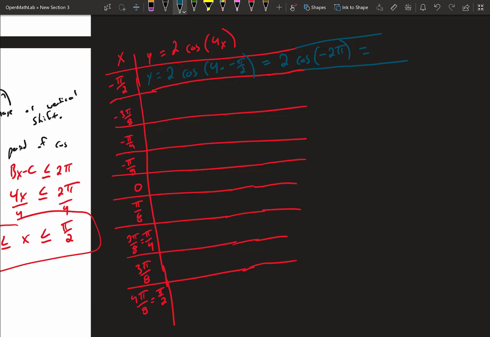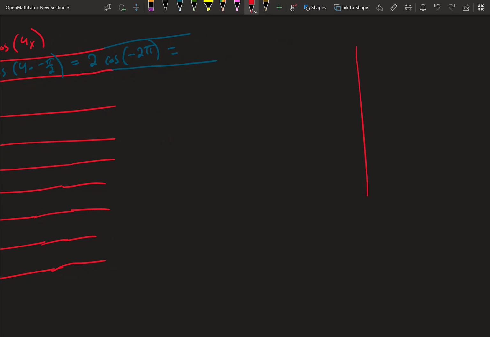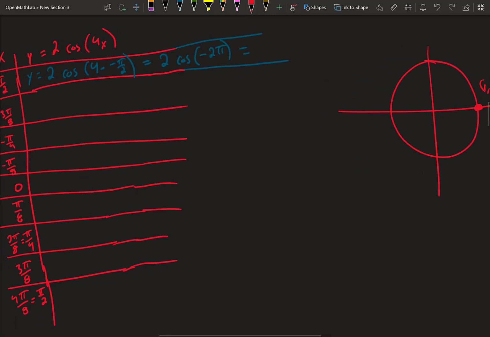If we look at my unit circle, negative 2 pi would be going one way around, so we'd still end up at the point 1, 0, and cosine is the x-coordinate. So this would be 2 times 1, which is 2.